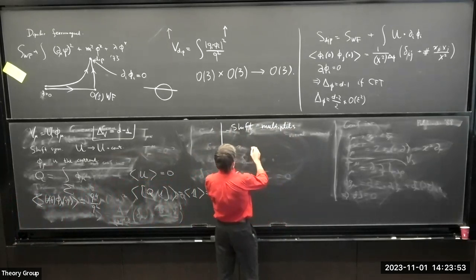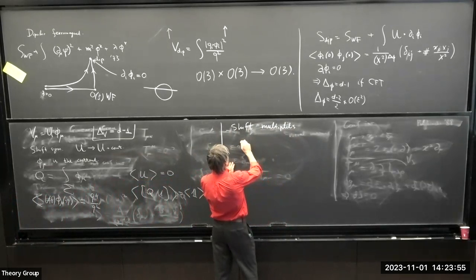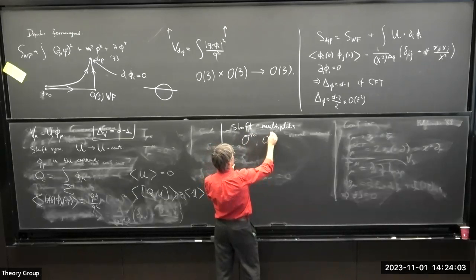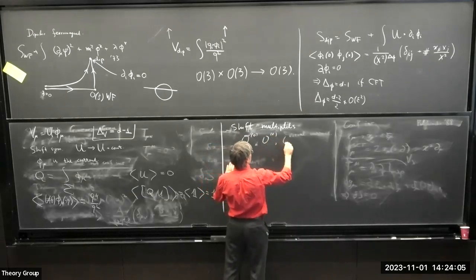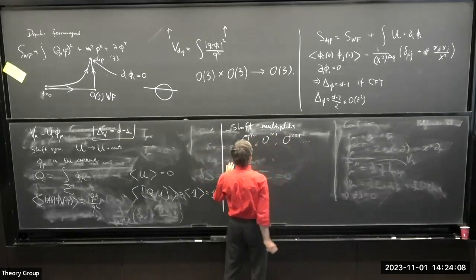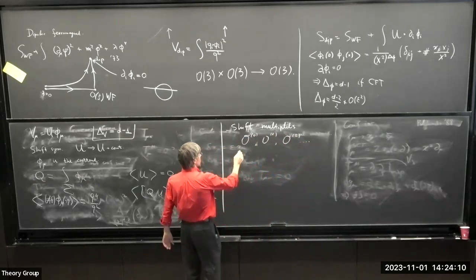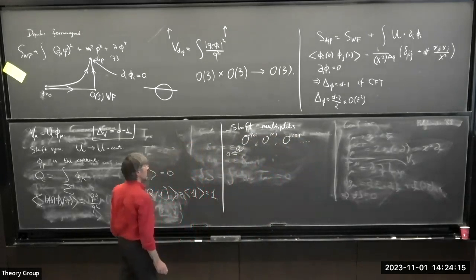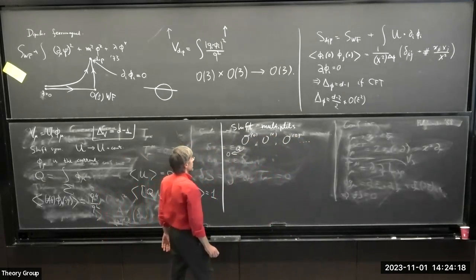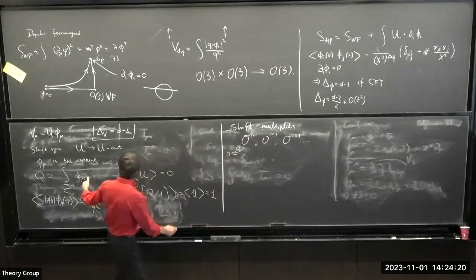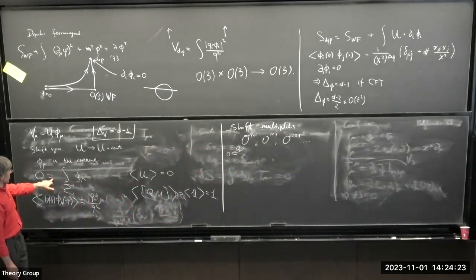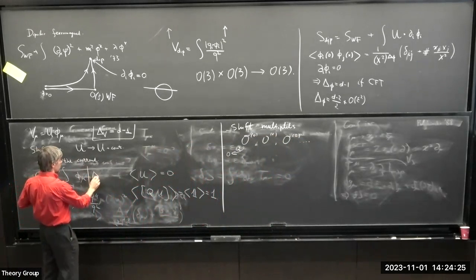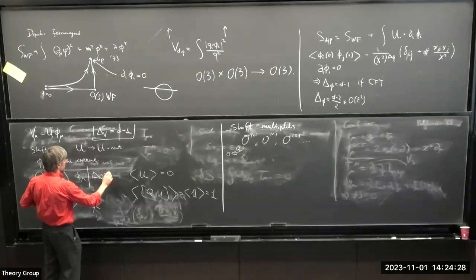You call a shift multiplet a family of operators, let me call them O0, O1, O2, and so on, with the property that the first operator has to be annihilated by the shift charge. And the shift charge has negative dimension. So the scaling dimension of the shift charge is equal to minus the dimension of u.